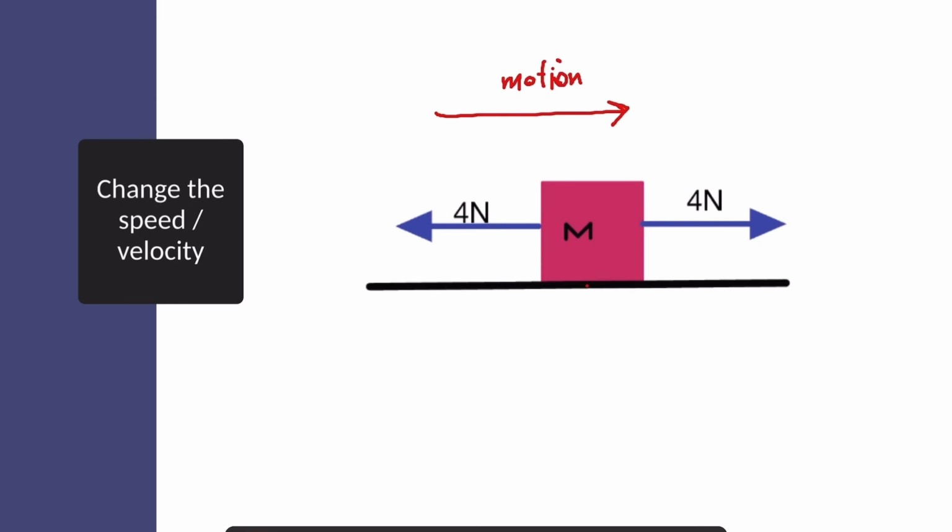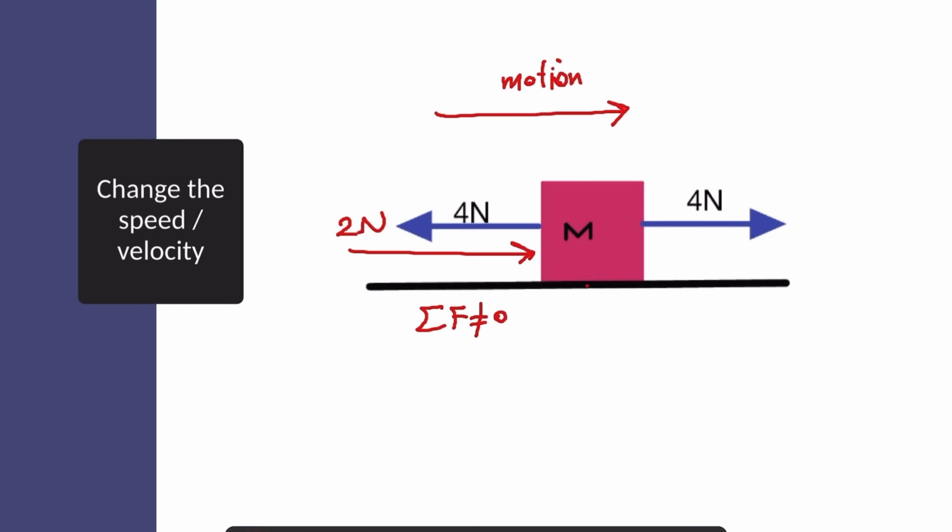Then, all of a sudden, a force acts upon this object with a magnitude of, let's say, 2 newtons. This force can change the speed, increasing the speed of this object. This object will start accelerating because sigma F here is not 0 anymore. Sigma F is equal to 2 newtons in this case.